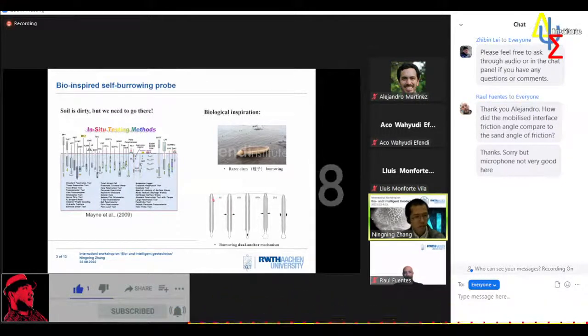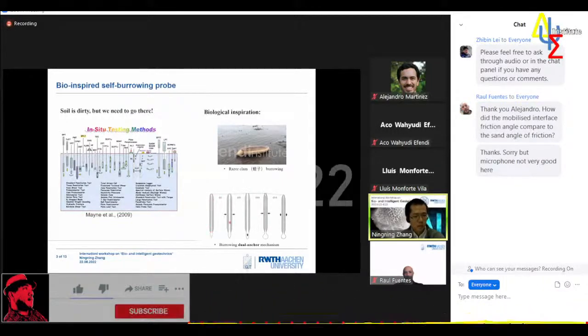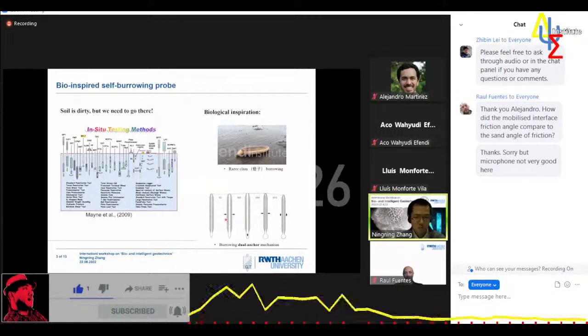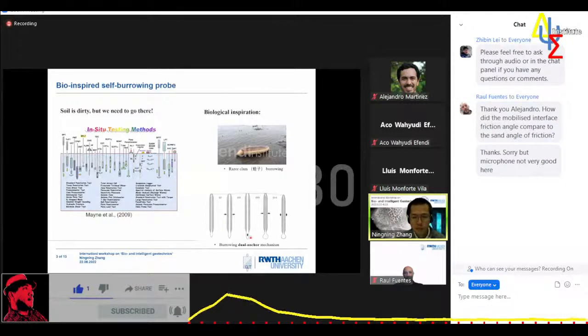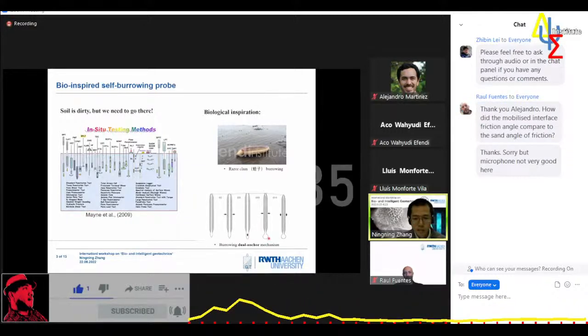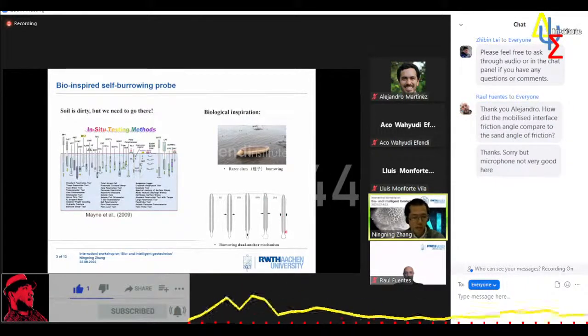A clam body contains a shaft and a tip. At the beginning of boring, the shaft expands to form an anchor so that the tip can penetrate deeper into the soil. Afterwards, the tip expands to form another anchor, and the shaft contracts back to its original size so that it can be dragged downwards with the help of the tip anchor.